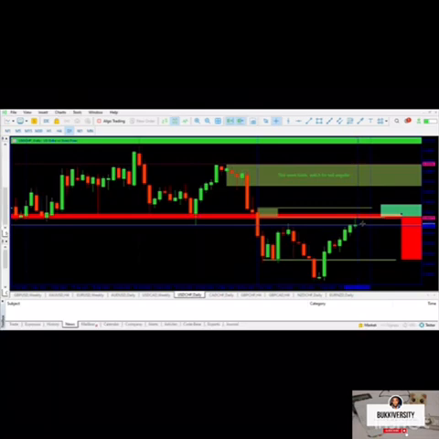We still expect a pull up a little bit to fill up this space around here. Once this space is filled up, we're expecting the fundamentals to pull it down. So this is more like a confirmation that USD has gotten to a very strong level on our technical analysis and might reject it.